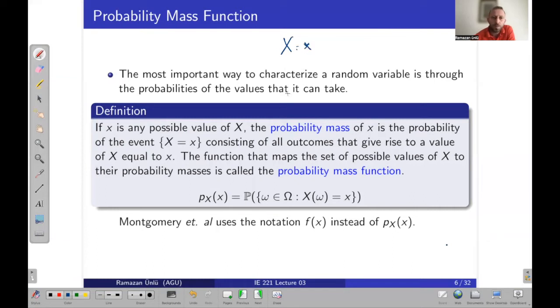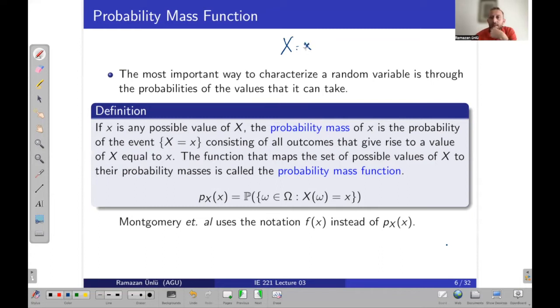For any possible value x, which can be different numbers, the probability mass of X is the probability of the event X equal to small x, consisting of all outcomes that give rise to a value of X equal to x. So based on your interest, this X can take some different values.